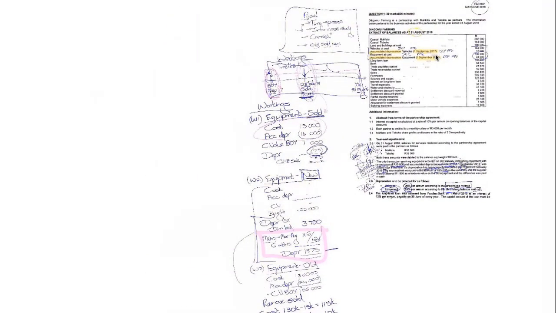What I want to say as we finish up is the way that this stuff is marked means that you're going to get marks as you go, right? The more that you show your calculations, the more likely you are to get partial marks.